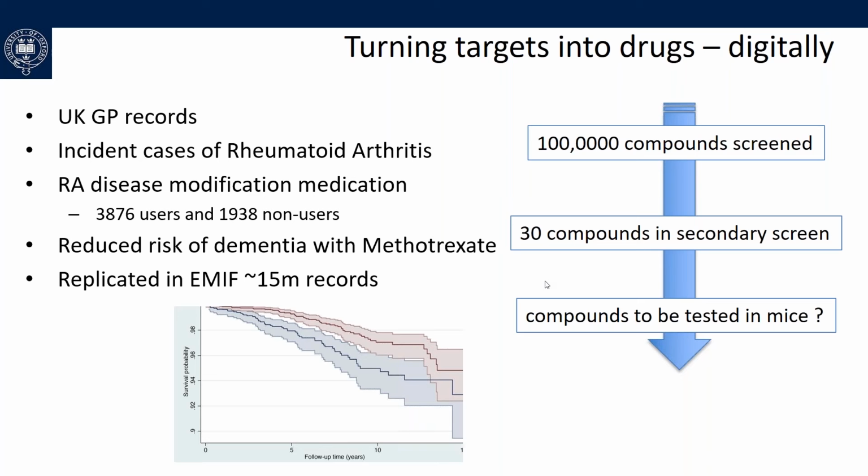Some of those drugs that were the same in both studies were drugs that are used in people to combat the inflammation of rheumatoid arthritis. So then we went to primary care records in the UK, and we looked at some 10 million individuals, and we looked for incident new cases of rheumatoid arthritis.